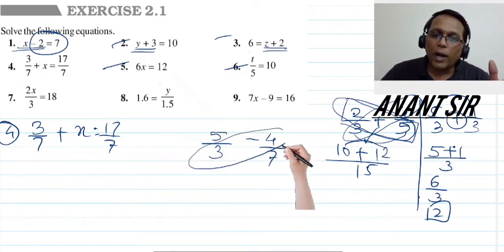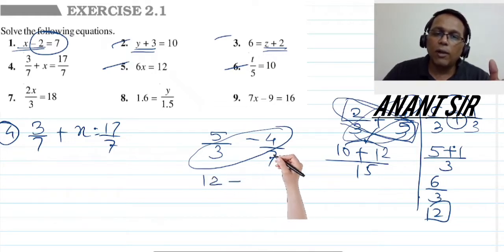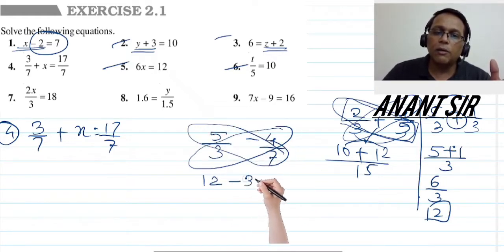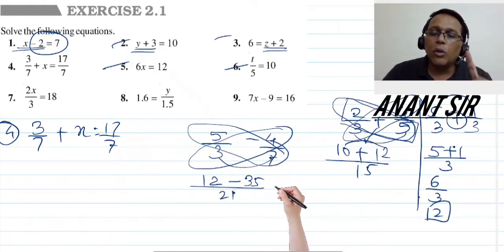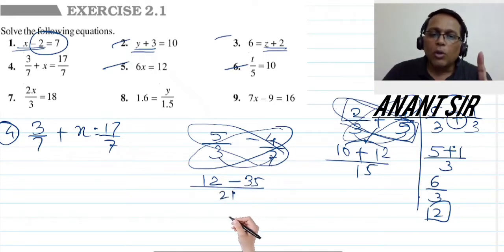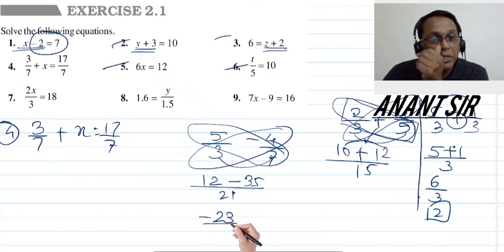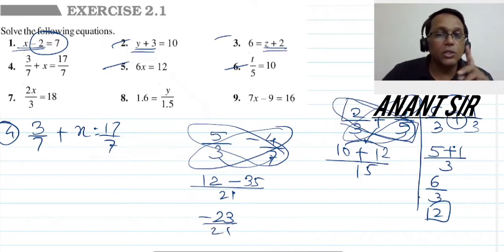If you write it like this, 3 4s are 12, then 7 5s are 35, and in the denominator 7 3s are 21, then your answer is going to be wrong because your answer will be negative here. It will be minus 23 by 21, which is wrong.